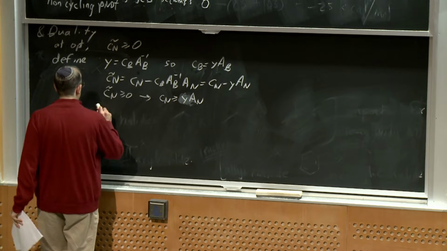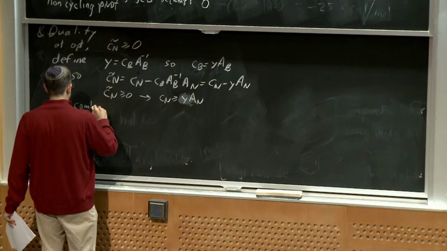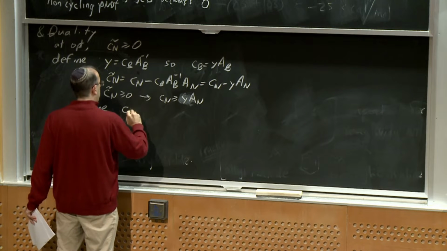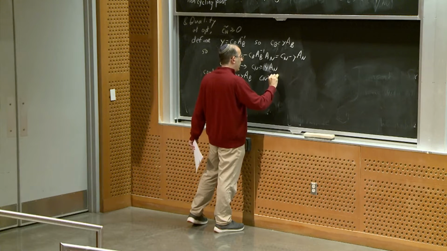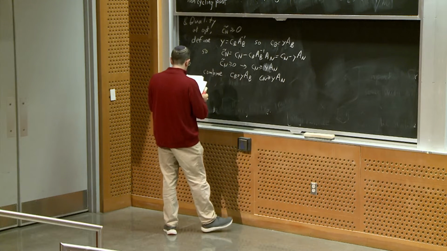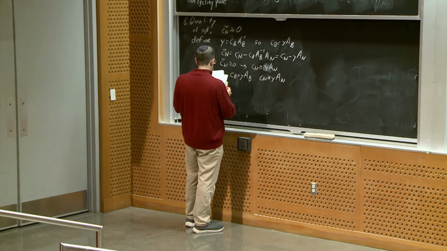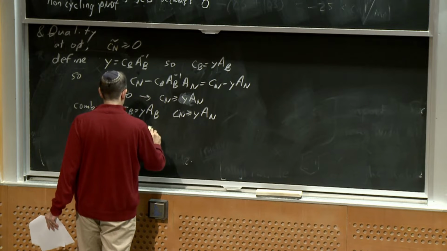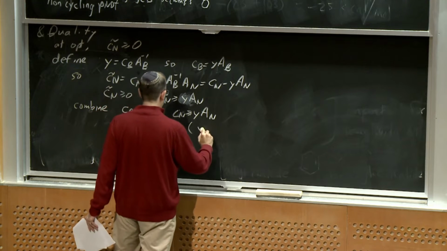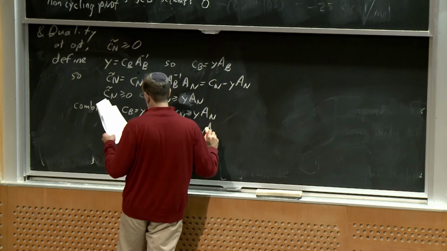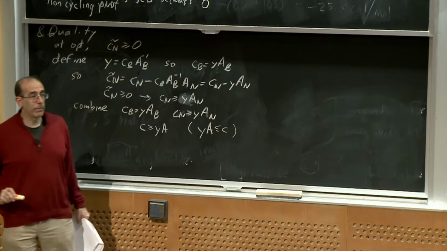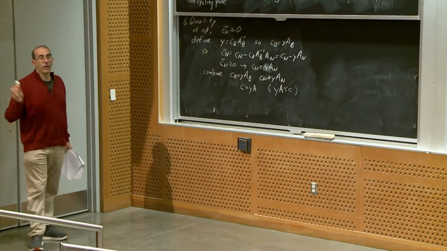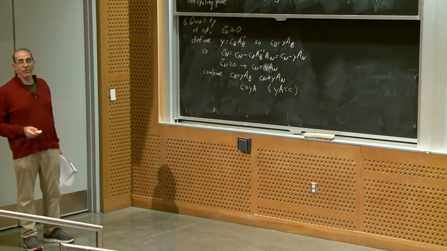If I put these two things together, what that tells me is that C is greater than or equal to yA, or just to ram the point home, that yA is less than or equal to C. It just follows from this y that I've defined.